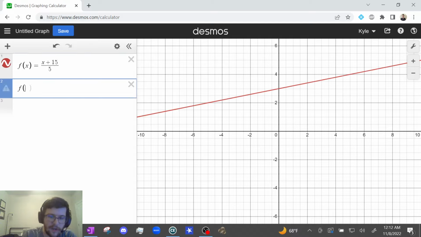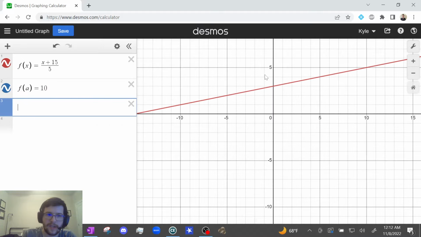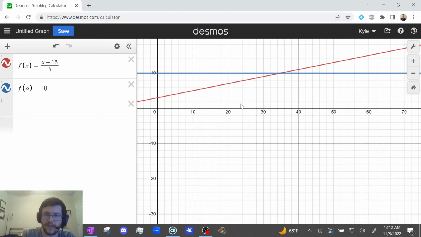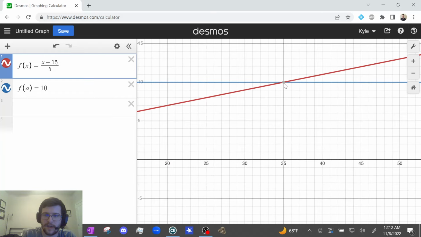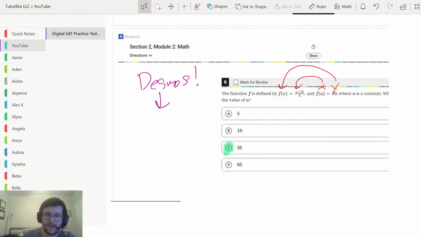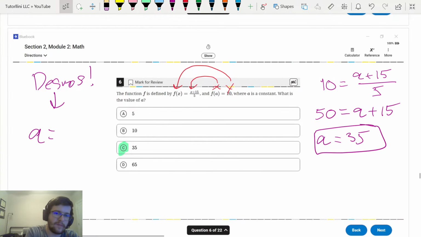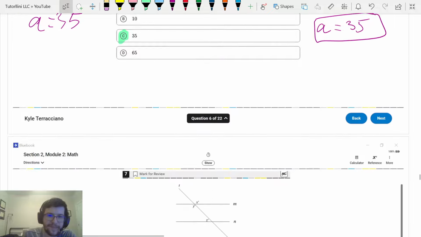And then you type in f of a equals 10. And you see that they intersect over here, and you click on it, and you get a is 35. So that was another way to do it. Just in case you didn't see what to do, but you really got to understand how to do this substitution.